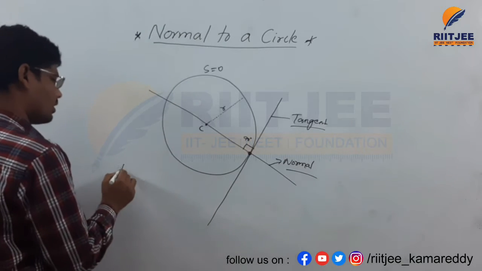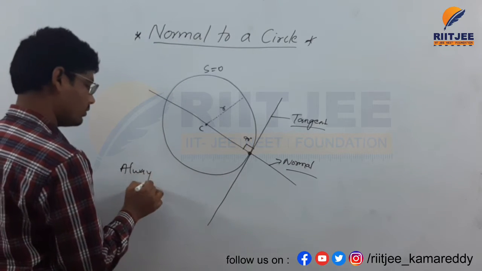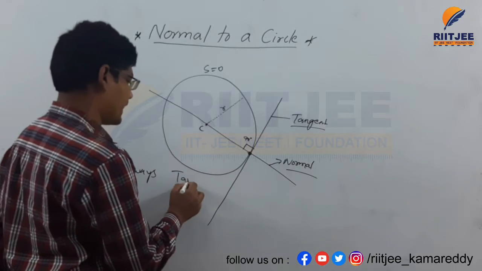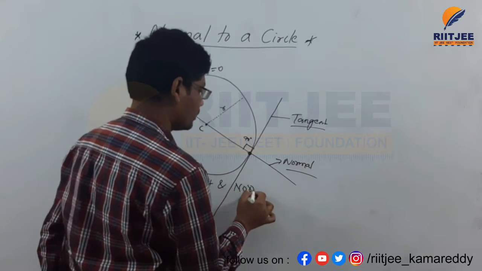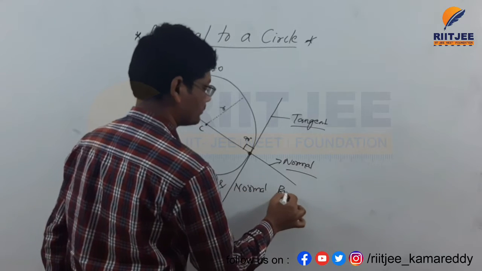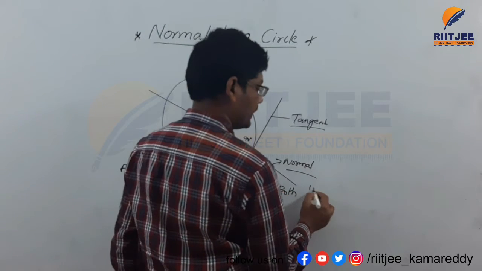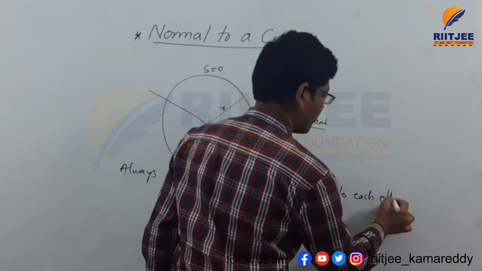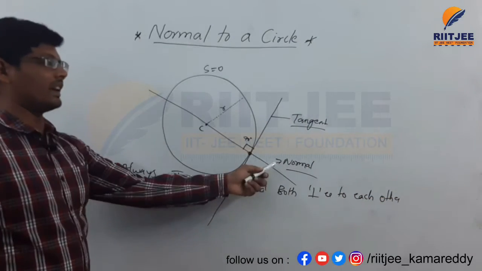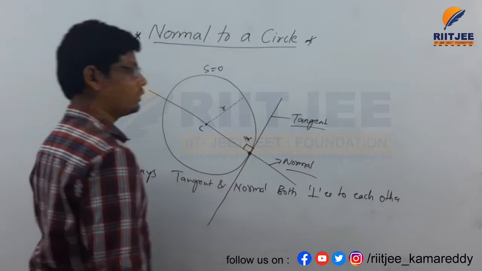Always, tangent and normal are perpendicular to each other.